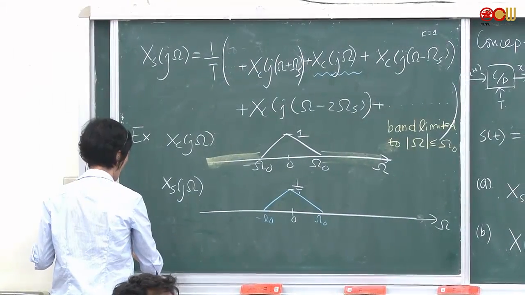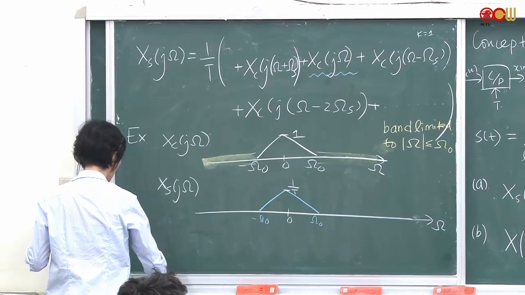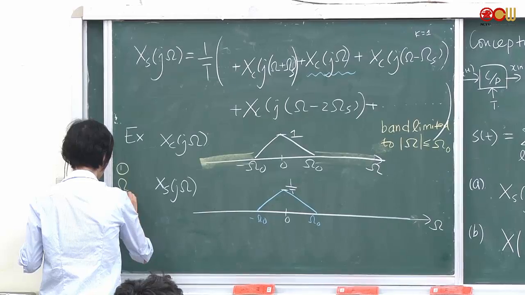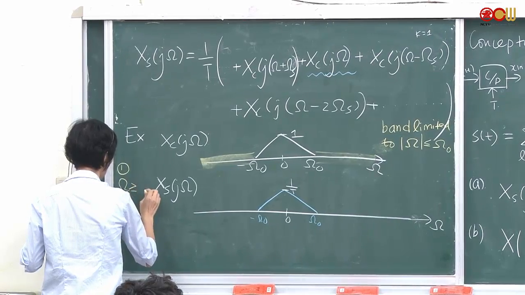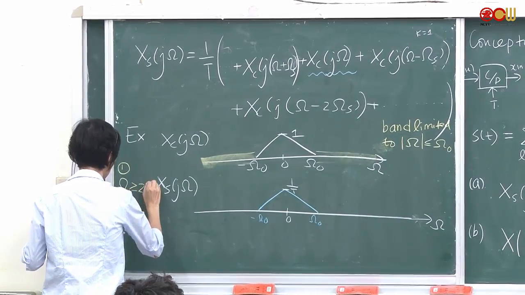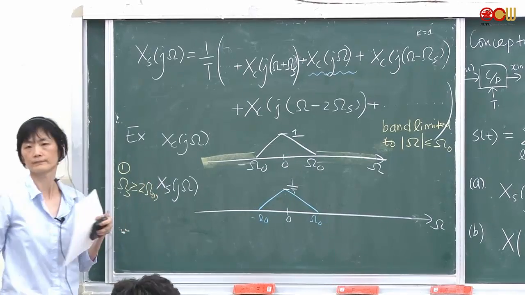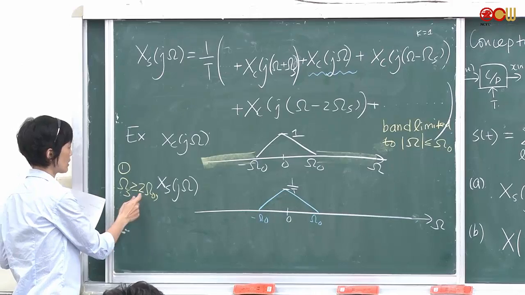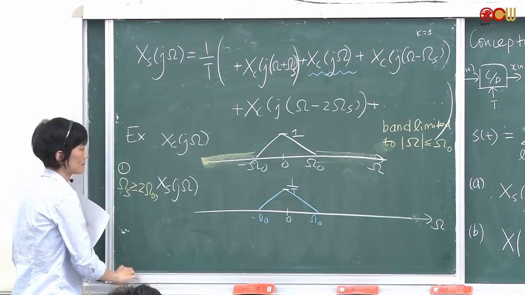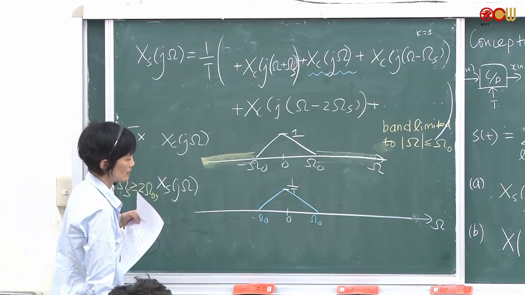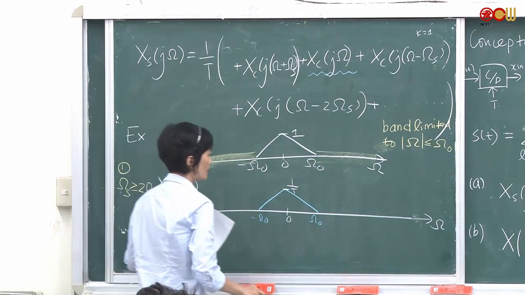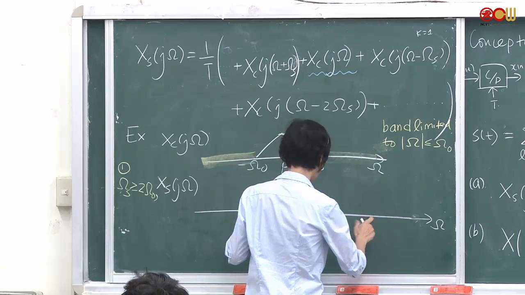Now let's look at two cases. Let's say in this case that ω_s is larger than or equal to 2 times ω_0, and let's say ω_s is here.